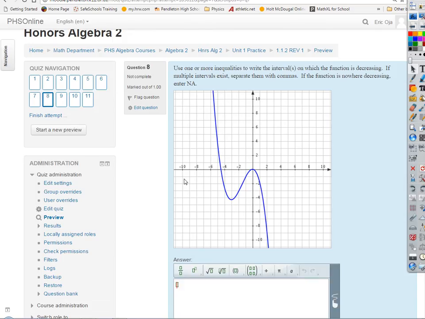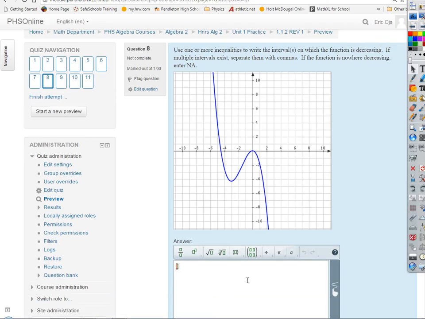Okay, this function is decreasing on multiple intervals. The ant, as he walks in from the left, from infinitely far to the left, is going to be walking downhill the whole time until he gets to an x value of -3. He's going to transition and walk uphill until he gets to x equals 0, and then walk downhill again. For us, the left interval only has one boundary.